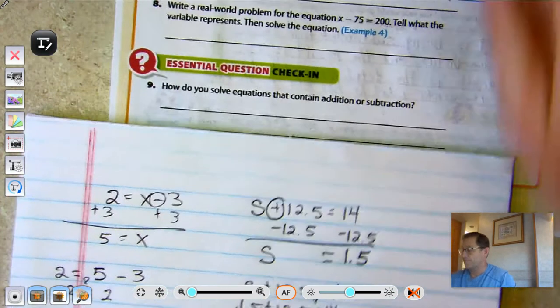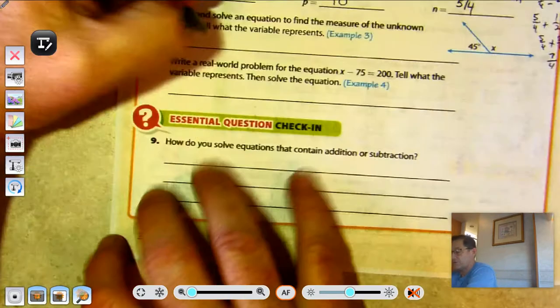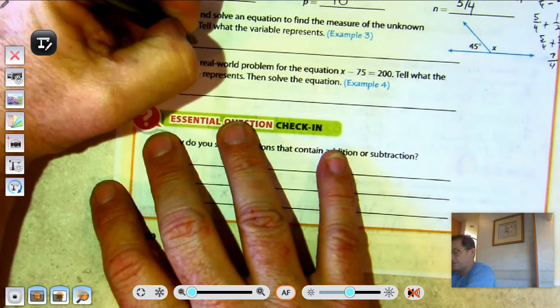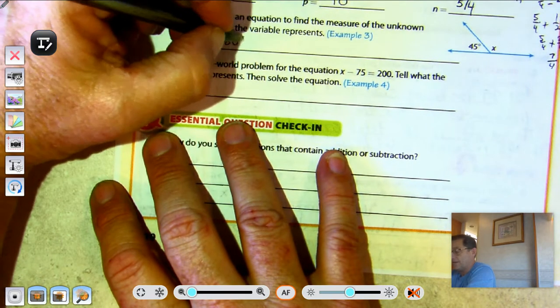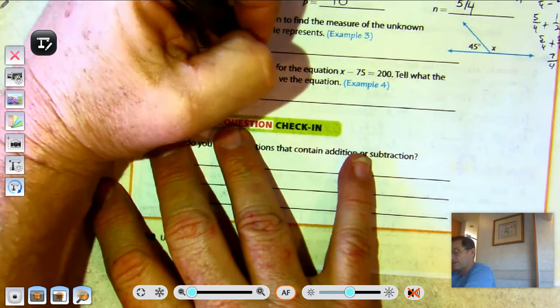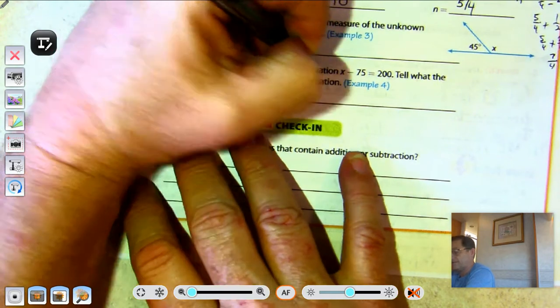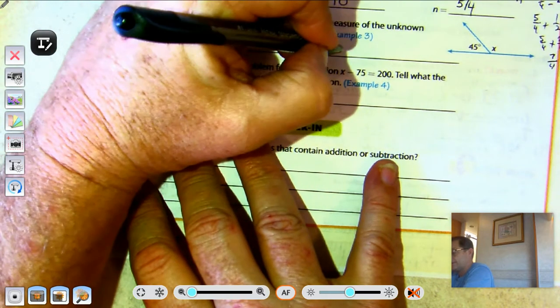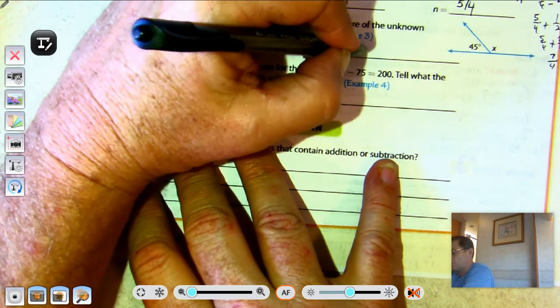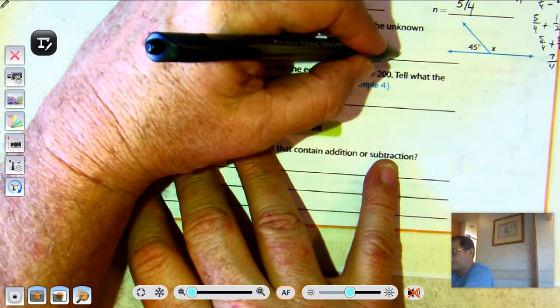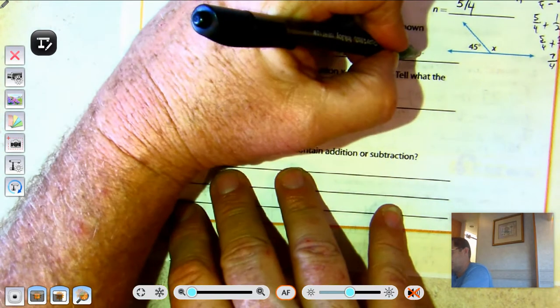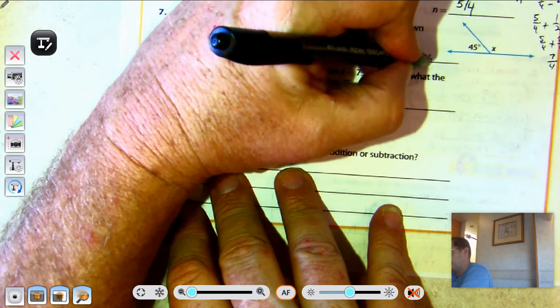Okay, so what was the equation we used? We have x plus 45 equals 180. The unknown angle is 135 degrees, and x equals the unknown angle measure.